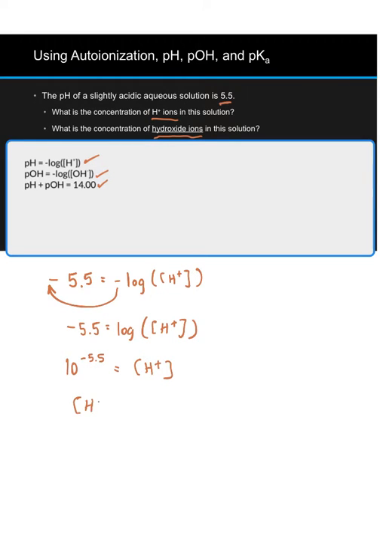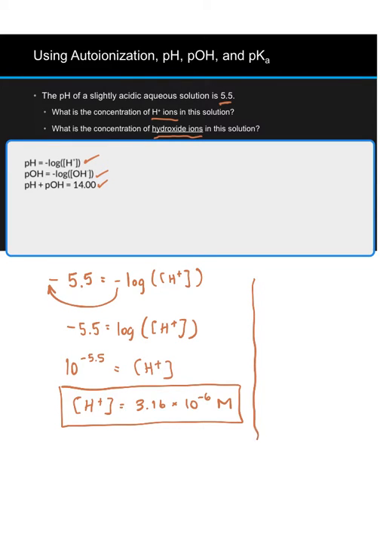10 to the power negative 5.5 is equal to 3.16 times 10 to the minus 6 molar. This is our hydrogen ion concentration in this slightly acidic solution. The concentration of hydroxide ions can be determined in one of any number of ways.